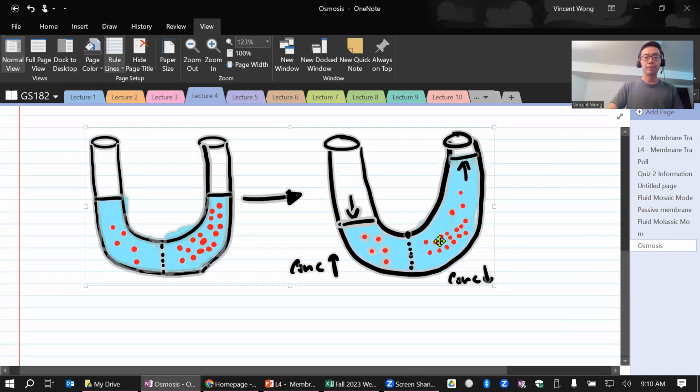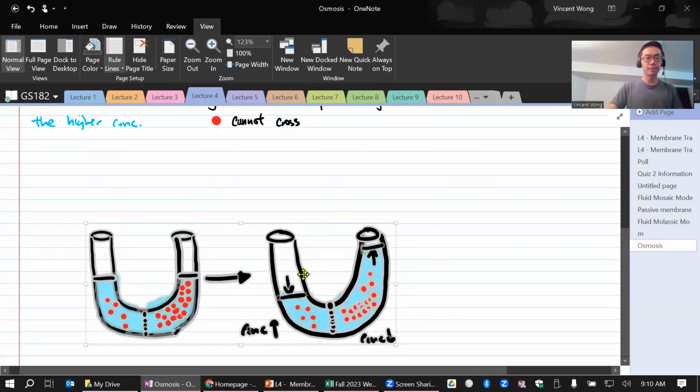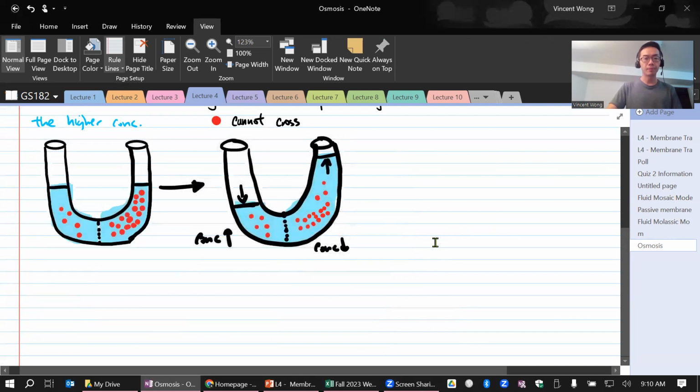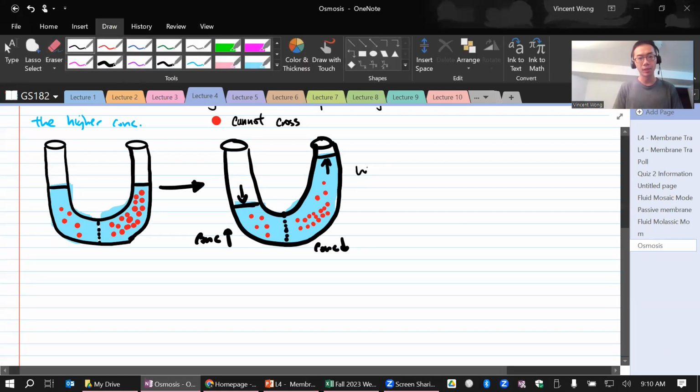I have a quick question about the diagram. Sure. On the second one, I don't understand why the concentration on the right is going up. The concentration is going down on the right, but the water level is going up. Let me write that down for you. Water level goes up, but concentration goes down because more water is there.